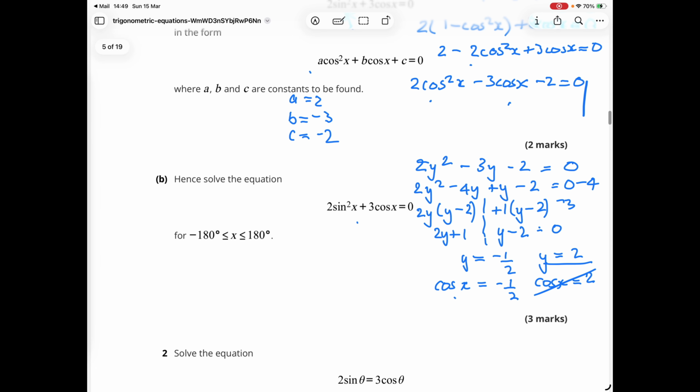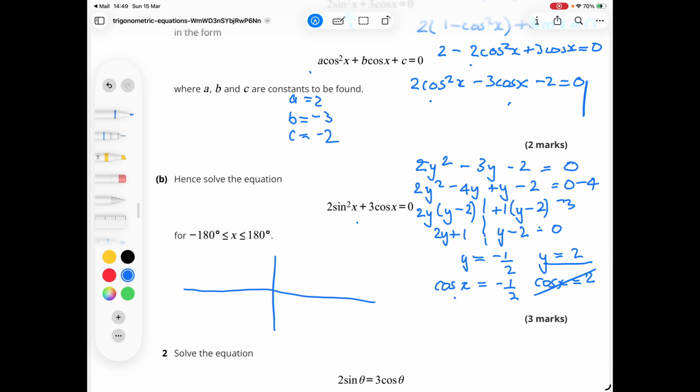Now, what do we do next? We need to check. Let's draw a little graph between 1 and minus 1. Cos starts here, so 90, and let's make that 180. Let's make that 90, minus 90, 0, and minus 180.